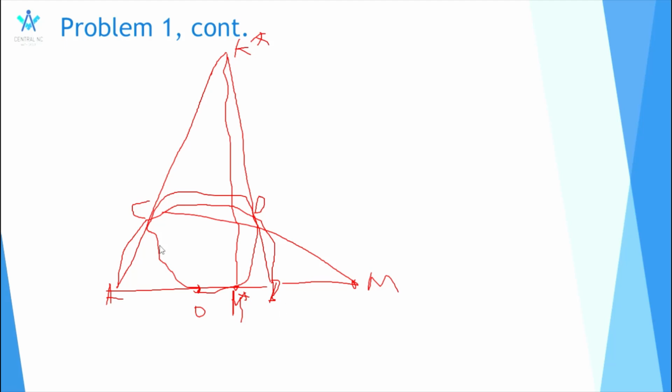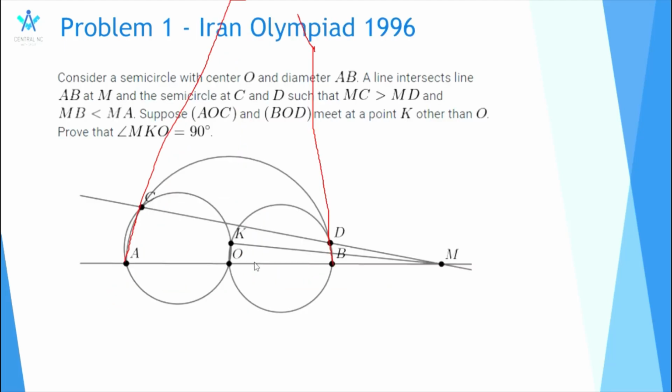Now, what is this circle going to have to do with it? Remember that BC is perpendicular to AK prime because AB is the diameter. And similarly, AD is perpendicular to BK prime.